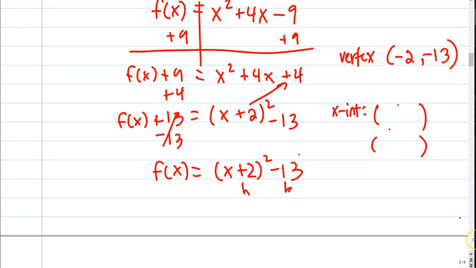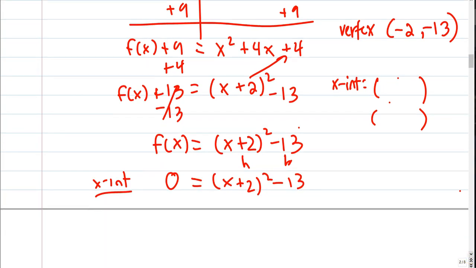Where are our x-intercepts? X-intercepts is where I would take the equation and set it equal to 0. We're like, oh, it has a negative, no x-intercepts. Well, let's see what happens when I solve this, because our first step is to add the 13.